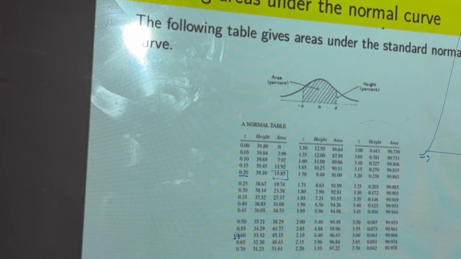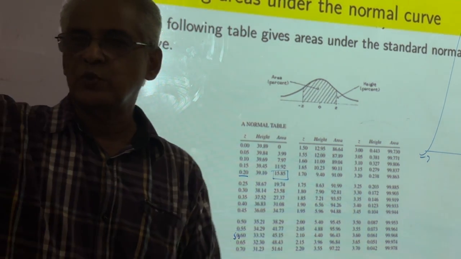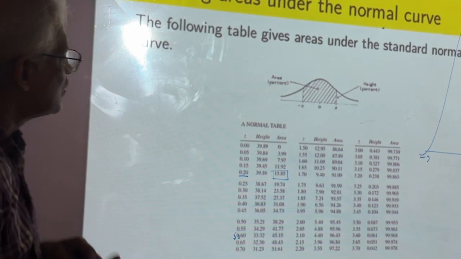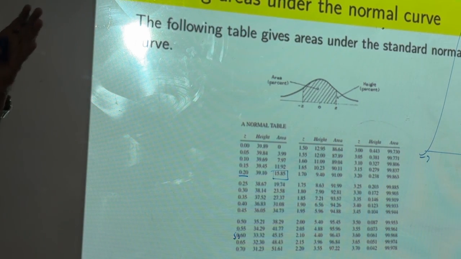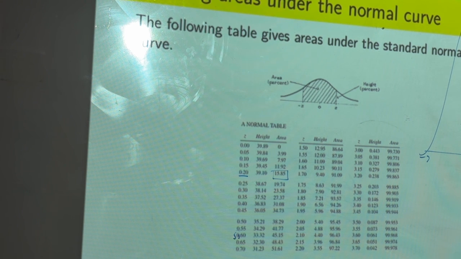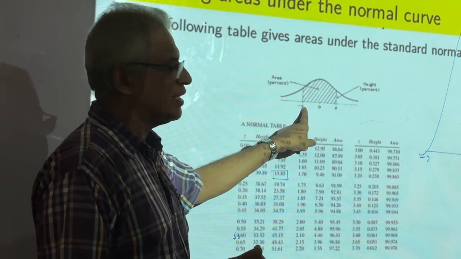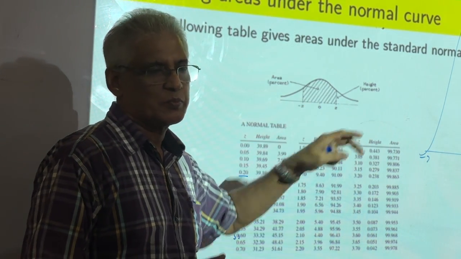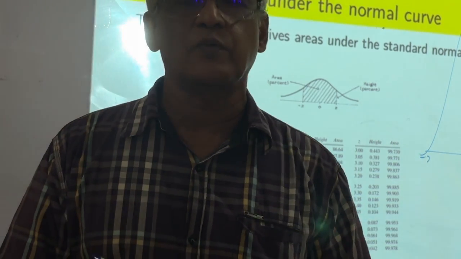So they have already integrated the standard normal curve between minus 0.2 to plus 0.2 and tabulated here. Right? So if somebody wants to get the area between some value and some value in their normal distribution, and when they convert it into Z, it becomes negative value and positive this 0.2, then you can directly get it from the table.